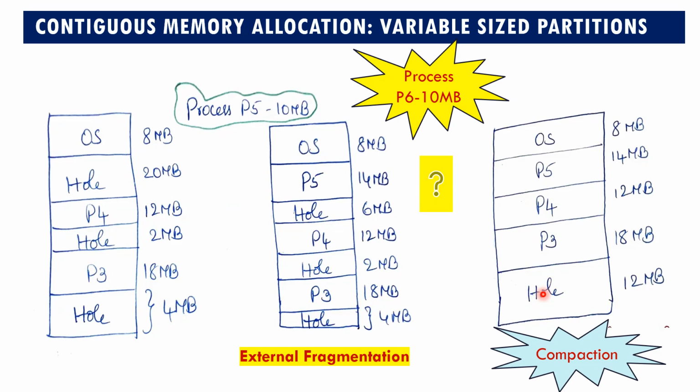Fixed sized partitions result in internal fragmentation, and variable sized partitions result in external fragmentation. This external fragmentation can be eliminated by using a technique called compaction, but compaction is relatively more time consuming and results in wastage of resources.